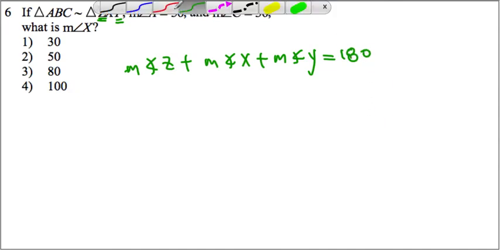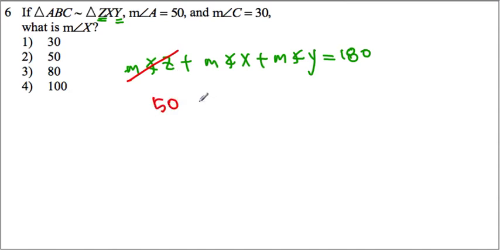But here we have this one equal to 50, plus the measure of angle X, plus Y becomes 30, will be equal to 180. That's basically what they're asking, and then to find out the measure of angle X.